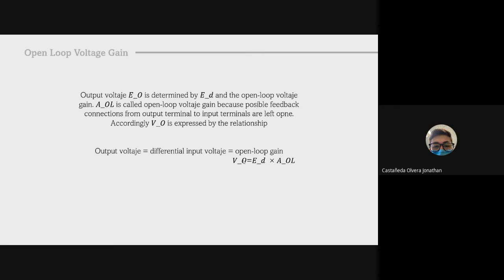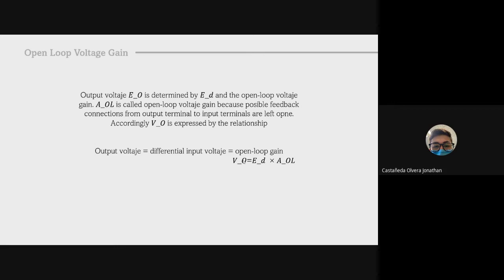AOL is called open loop voltage gain because possible feedback connections from the output terminal to the input terminals are left open. Accordingly, EO is expressed by the next relationship.